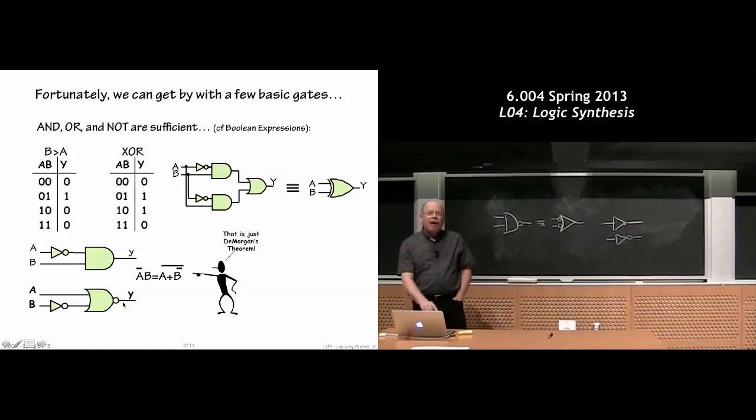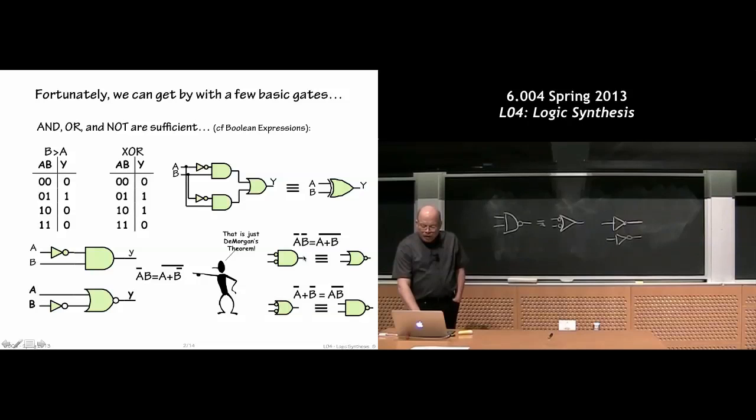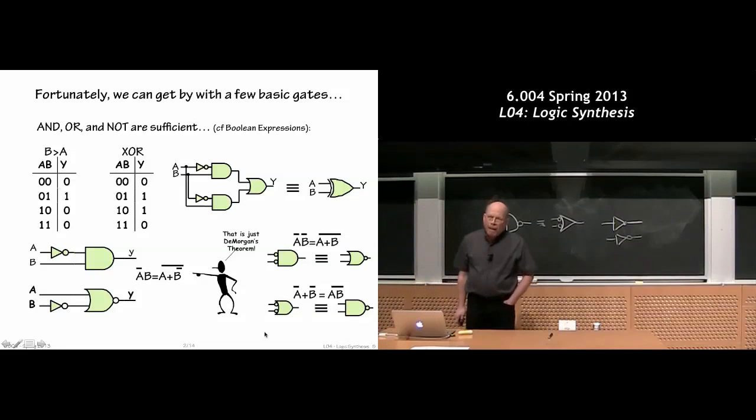It's an OR gate followed by a bubble. The bubbles in the schematic symbols indicate an inversion that's happening. So what we have is these two equivalents. There are two forms of De Morgan's theorem where I can change an AND gate into a NOR and an OR gate into a NAND, and then I have to worry about somehow inverting the inputs to make the logic equation come out the same.